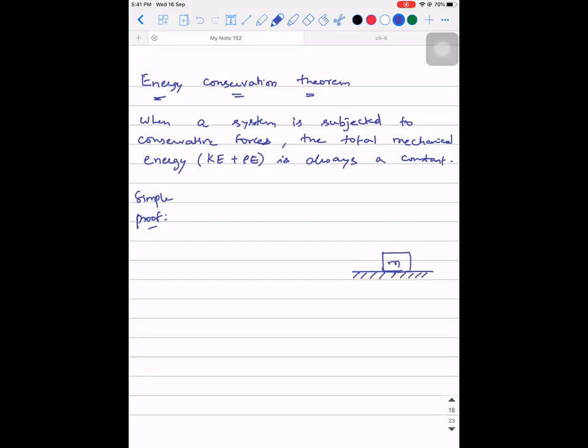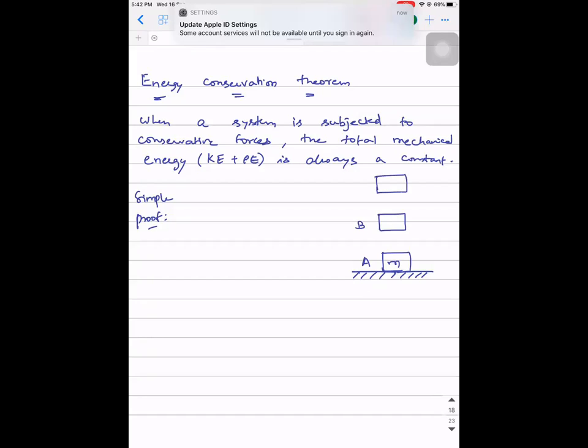There is a block of mass m at point A. It is projected upwards. There is one instance where it is at point B. There is another instance where it is at point C. I hope you guys are able to understand. So if I take the initial velocity as u.